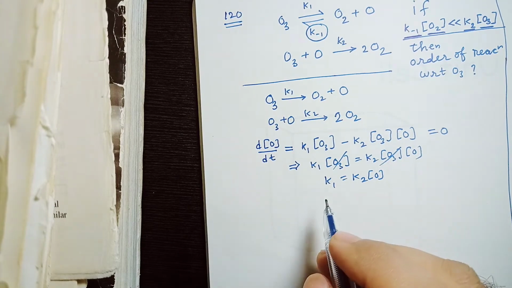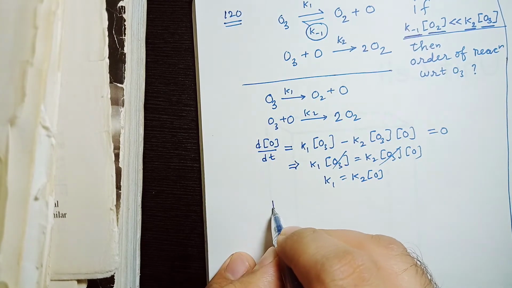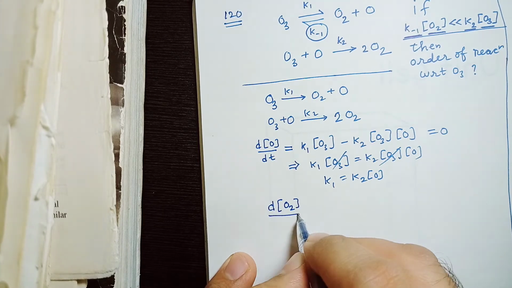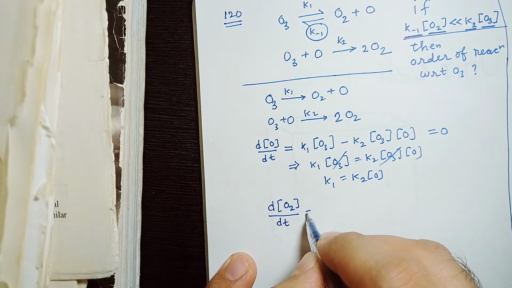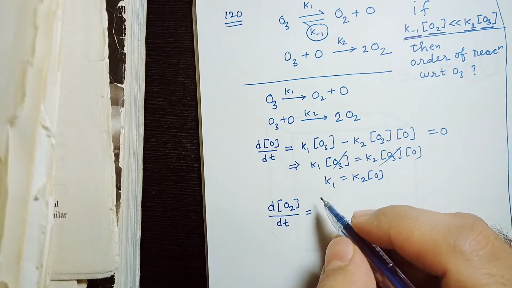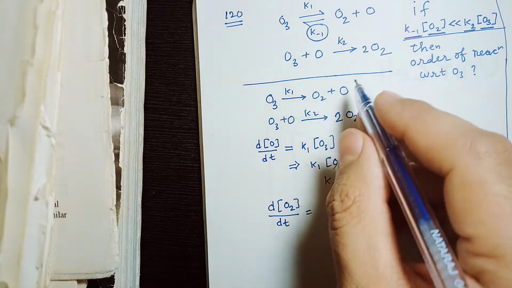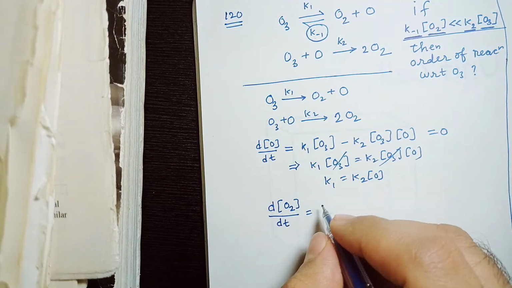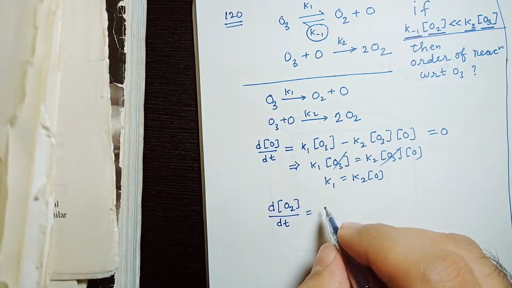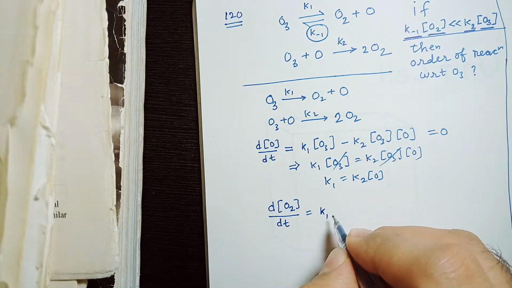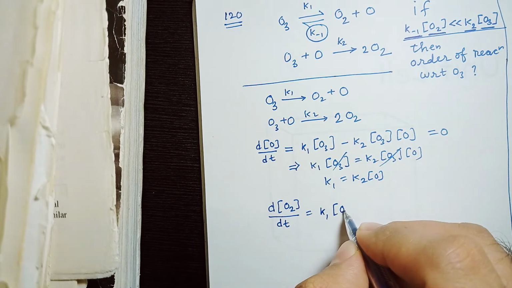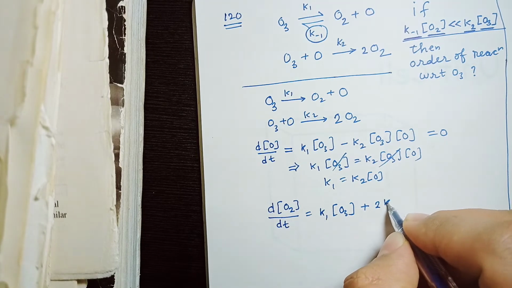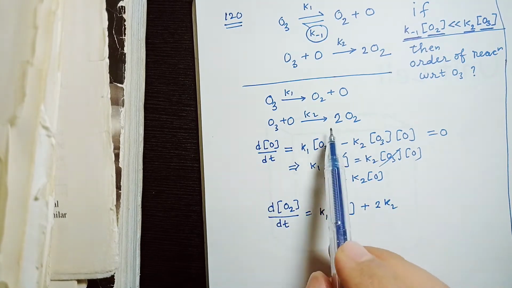Now if we write the rate of formation of O2, then what we get? O2 is producing here, and we are just ignoring this reverse. So we can write K1 O3 plus 2 K2 O3 O. Why have I multiplied by 2 K2?